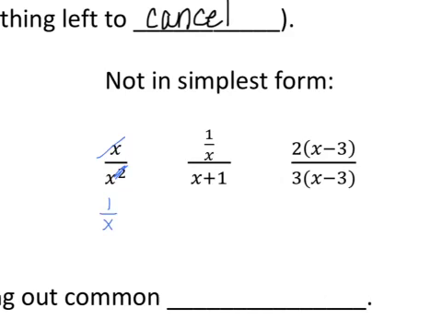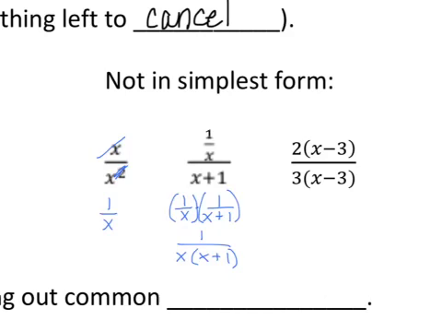So we'll rewrite it as 1 over x times 1 over x plus 1. Then we can just put those denominators together. We could keep simplifying it, but for what you're doing on your homework today, you can leave things like this. As long as everything has been canceled and there's no fractions within fractions, we're doing pretty good.